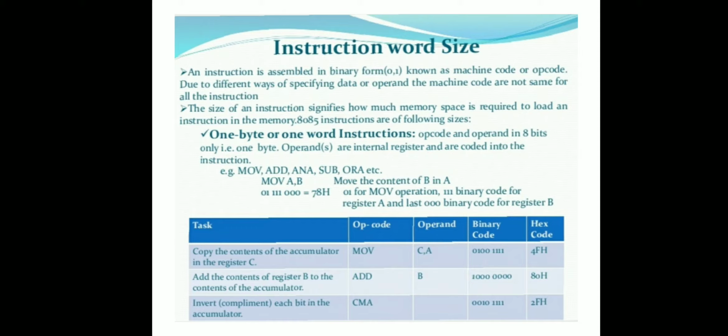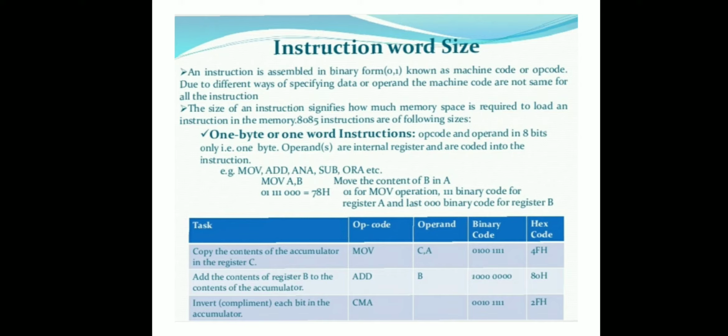8085 instructions are divided into the following groups on the basis of their word size. 1 byte, or one word, instructions. In this type of instruction, the opcode and operand are in 8 bits only, meaning a 1 byte instruction. That is, the operand and internal register are coded into the instruction itself.